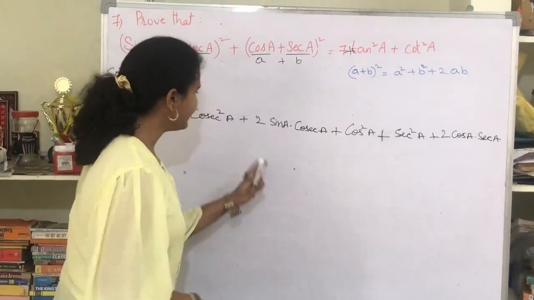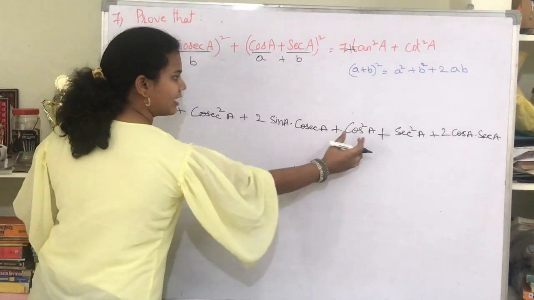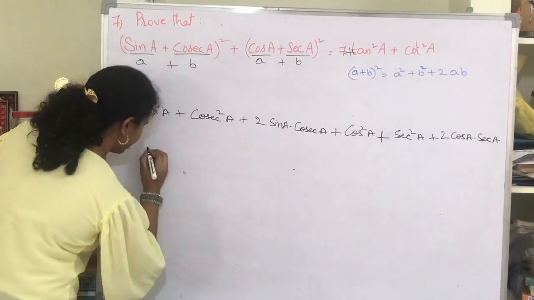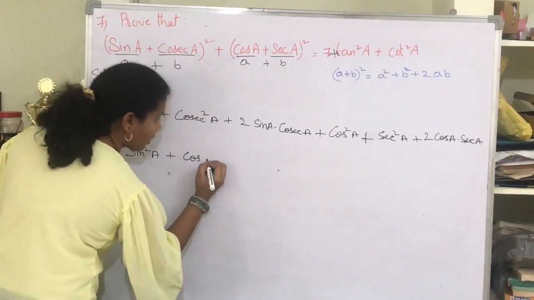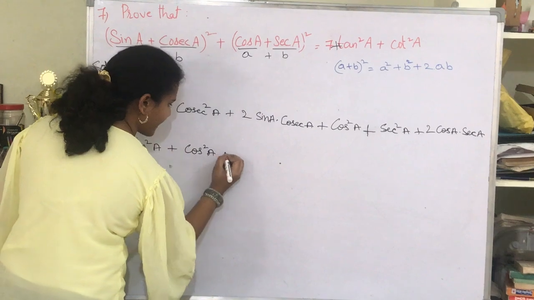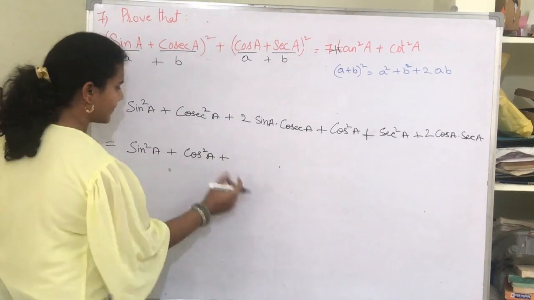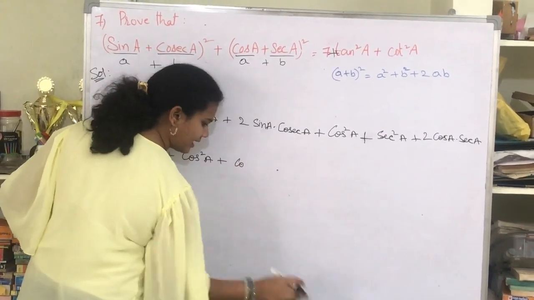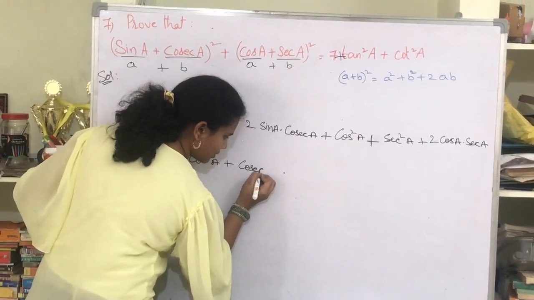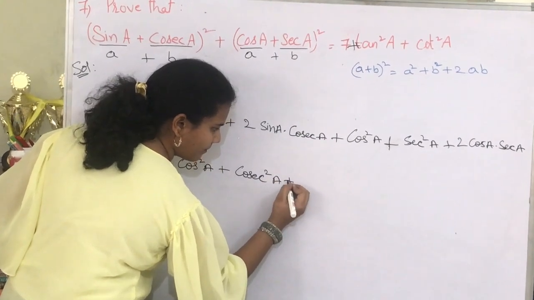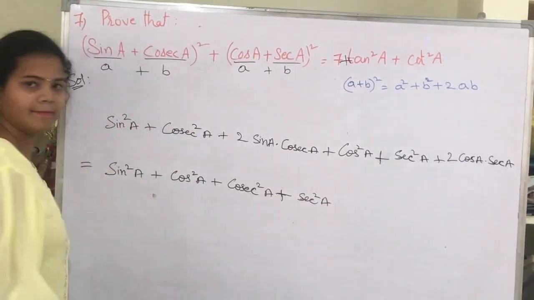Now just rearrange this. We have sin square A and cos square A. Let's write sin square A plus cos square A, plus cosecant square A and secant square A together, as cosecant square A plus secant square A. Done.